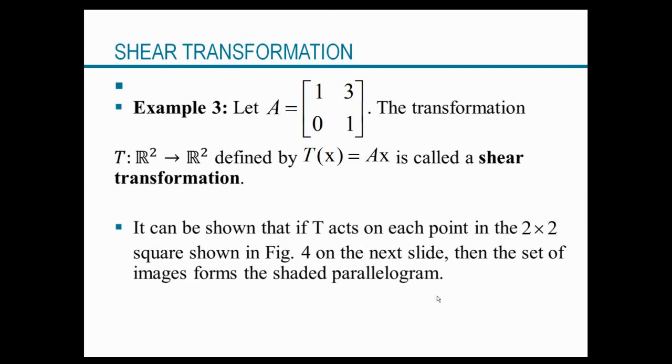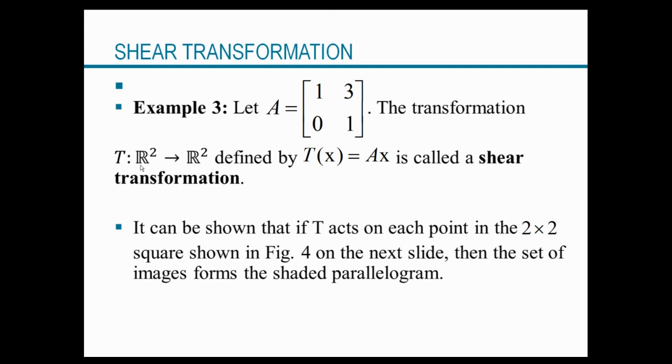Let me talk about a transformation. I want to go to example 3. So again, I'm going to follow up this PowerPoint. I'm not doing every PowerPoint slide, but I'm going to follow up things with a few examples. So example 3 says, let A be the matrix 1, 3, 0, 1.